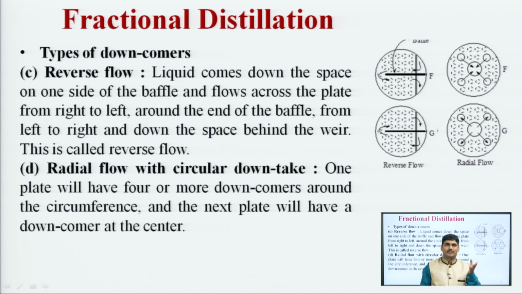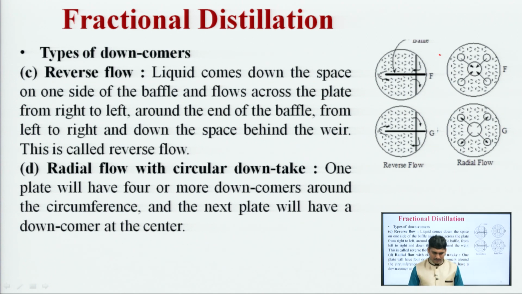On one plate we will have 4 or more downcomers around the circumference, and on the next plate we will have a downcomer at the center. So from the first plate, with 4 downcomers, the liquid moves towards the center, and on the next plate from the center it again moves towards the circumference to the 4 downcomers. This type of movement is called radial flow with circular downtake.